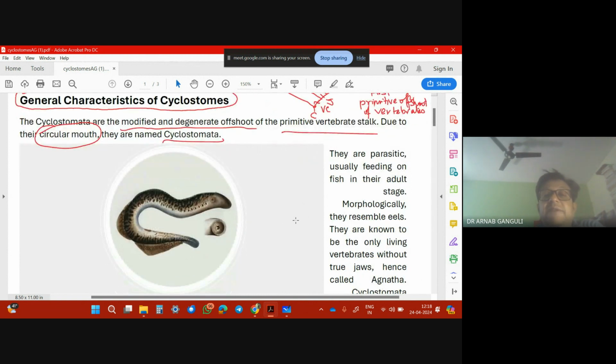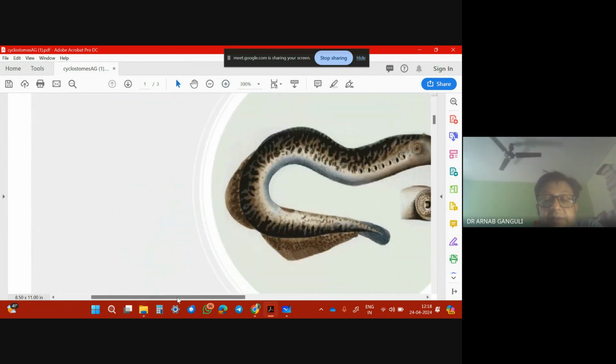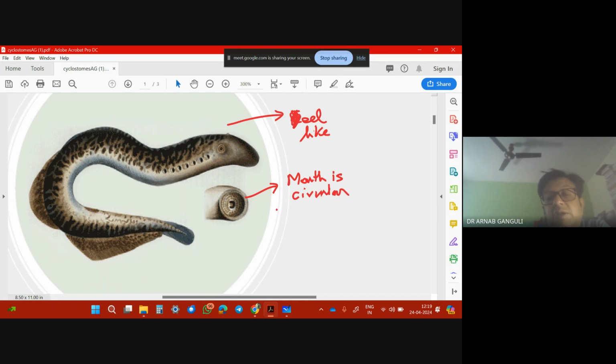So essentially, if you look at them, they look like this. Their body is something like eel-like, বান মাছের মতন. Mouth is circular. No jaws.